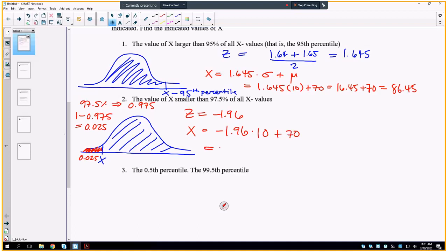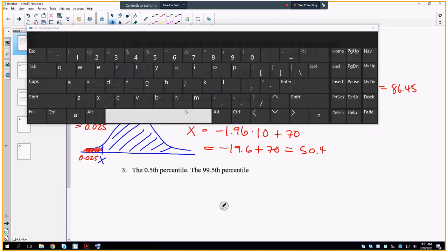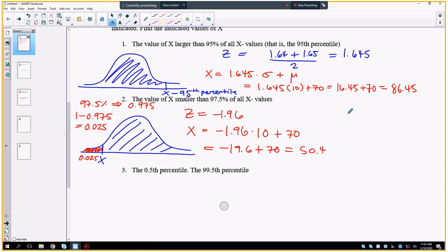So I get negative 19.6 plus 70, which is 50.4. So that is the answer I was looking for. Whoops, I apologize. The x value smaller than 97.5% of the other x values is 50.4.